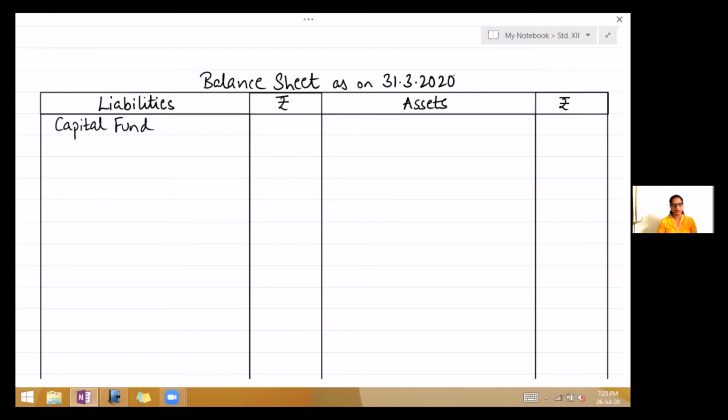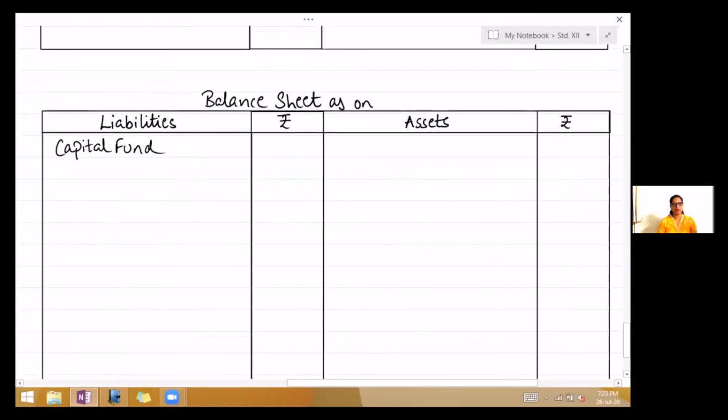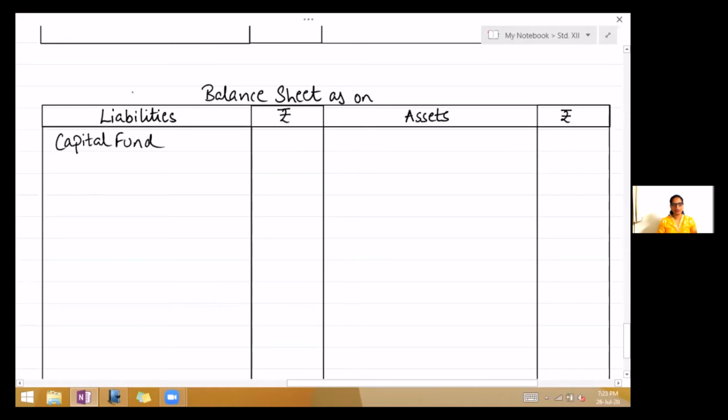So in this case, we have to prepare an opening balance sheet. So one more on the next page you can draw balance sheet, opening balance sheet as on 1st April 2019. Same way, liabilities, assets, and write capital fund on the liability side.